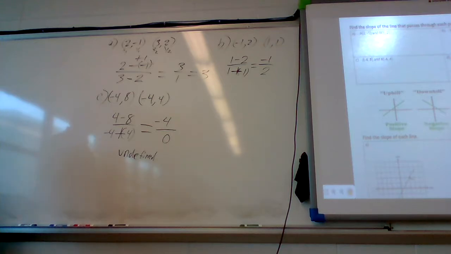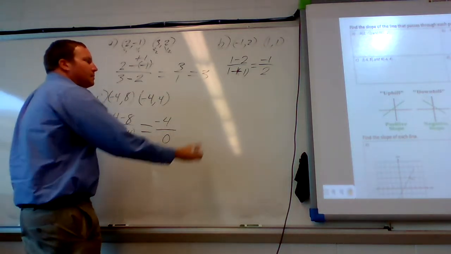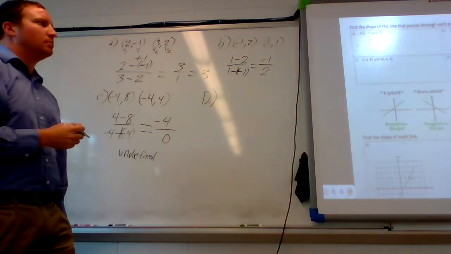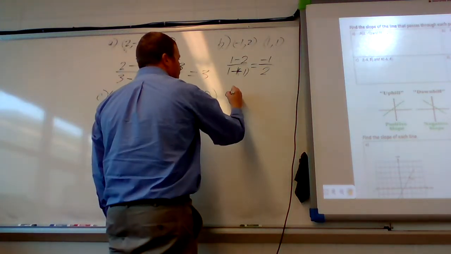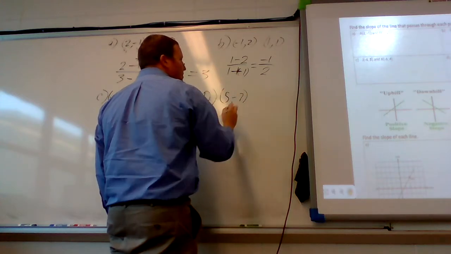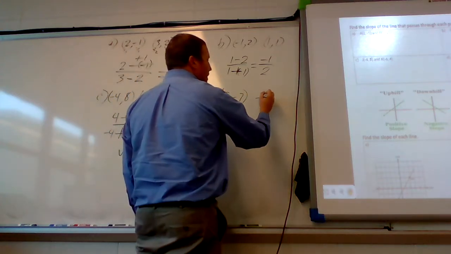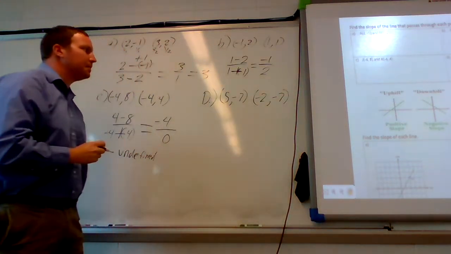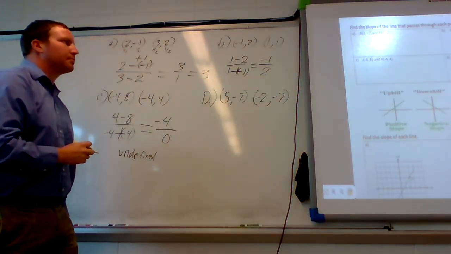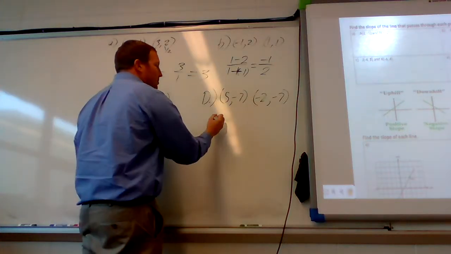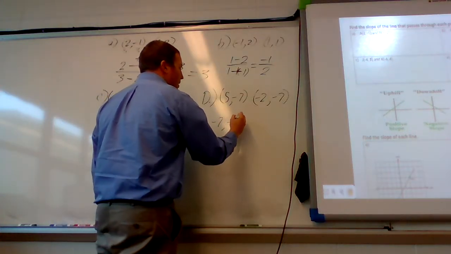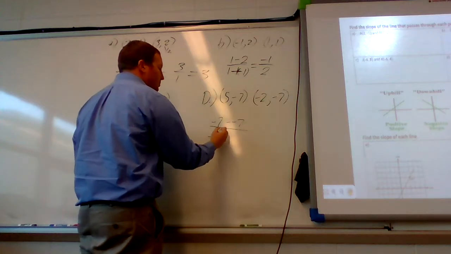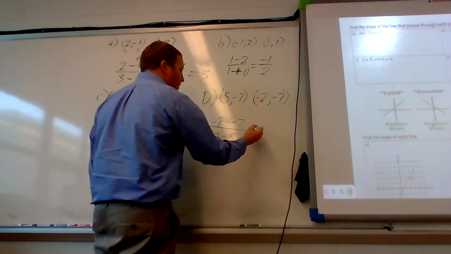And then our last one, D. We've got 5 and negative 7 for our first point, and negative 2, negative 7 for our second point. So y2 minus y1, negative 7 minus negative 7, over negative 2 minus 5.